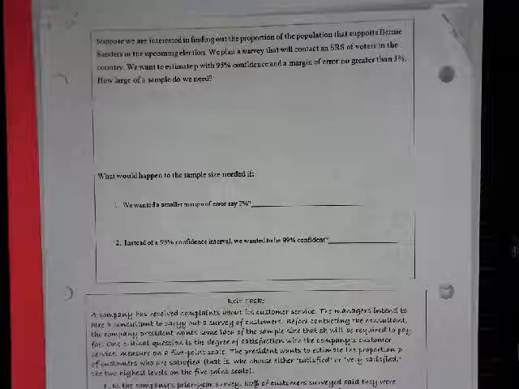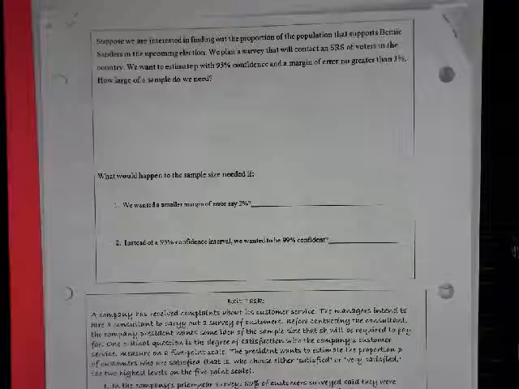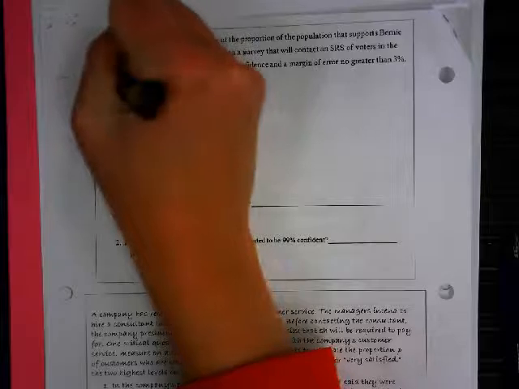So we just looked at margin of error. It comes from z star times your standard error for p hat, which is the square root of p hat times 1 minus p hat divided by n.